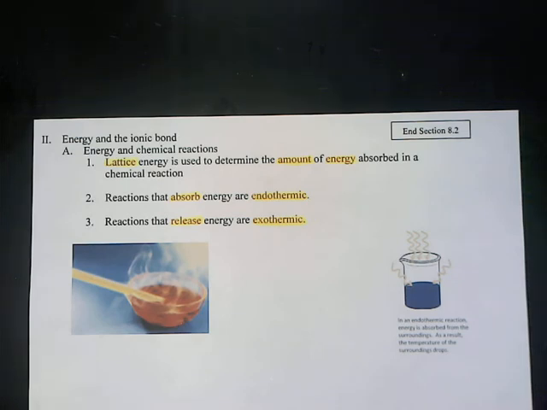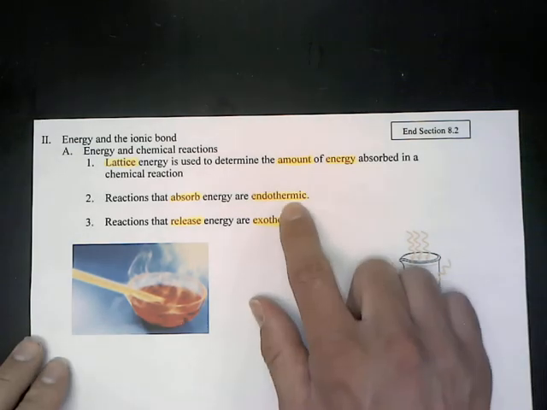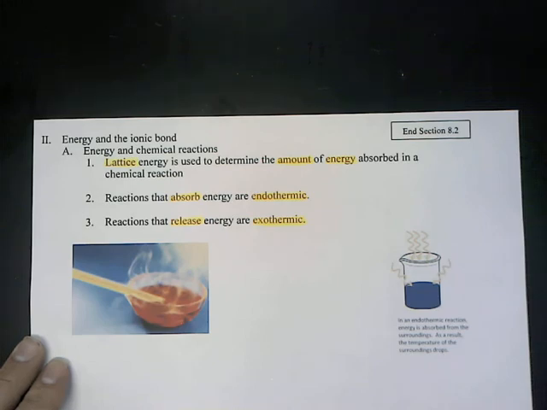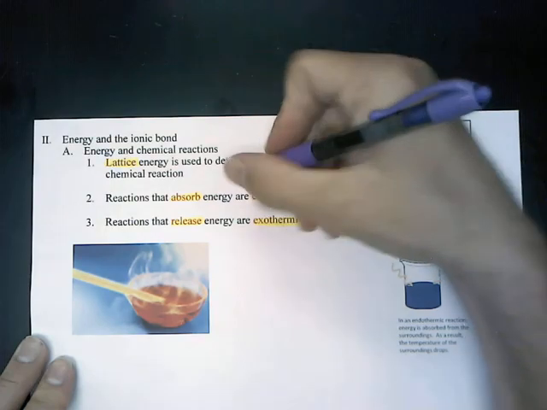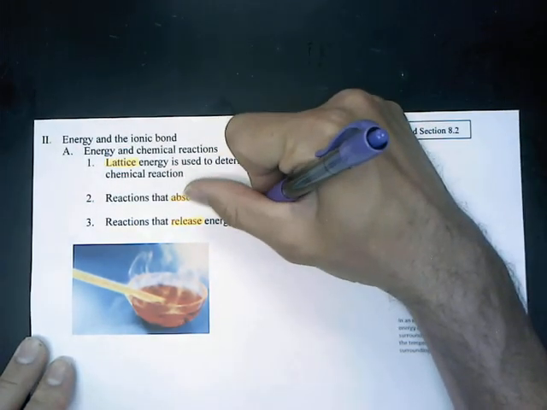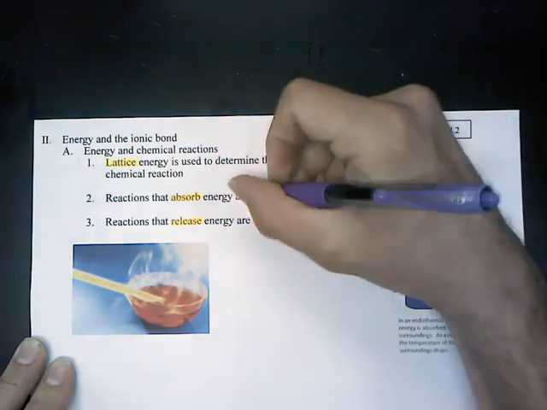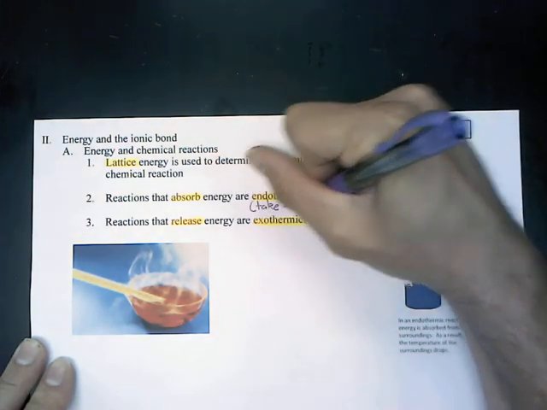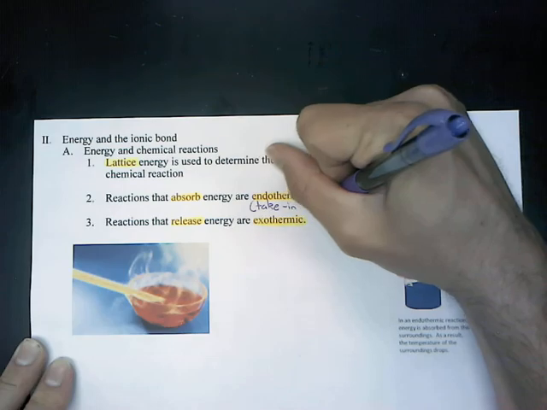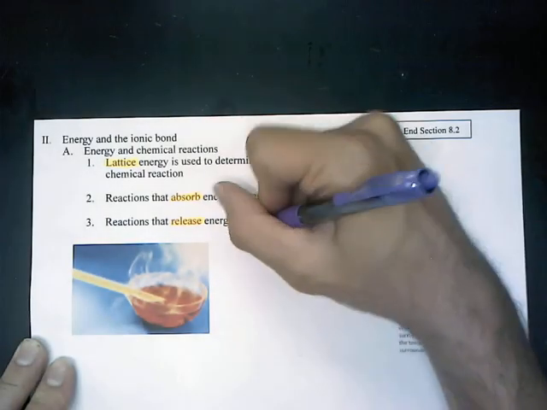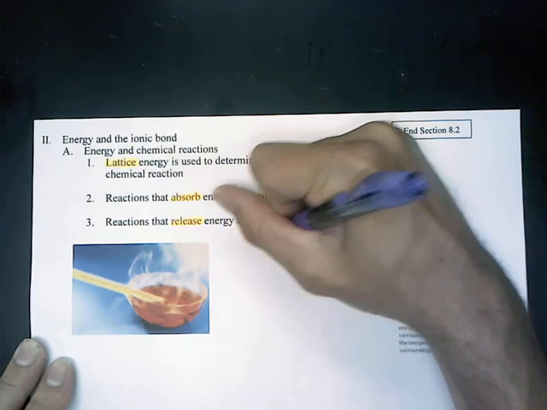Now remember this, reactions that absorb heat are endothermic, so they take in heat. Reactions that release heat are known as exothermic. So take in heat is the first one, and release heat are the exothermic reactions.